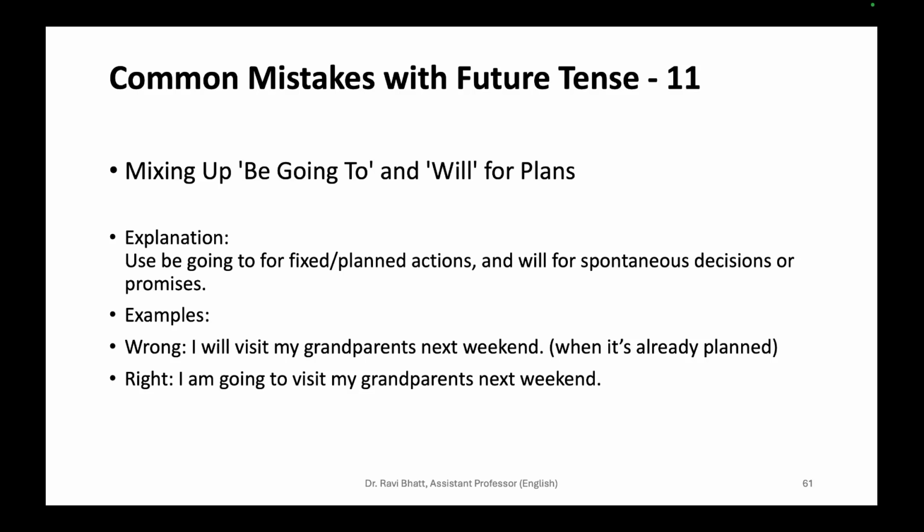So "I'm going to visit my grandparents next weekend." It will not be "I will visit my grandparents next weekend." Okay, so generally for things that are already planned, we use going to. And for spontaneous decisions, spontaneous promises, spontaneous actions, will is more preferred.